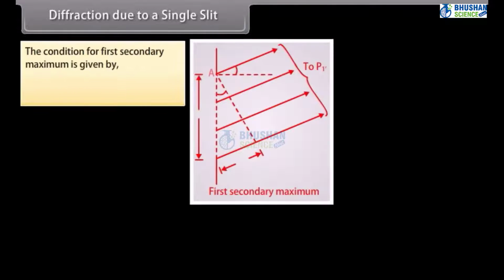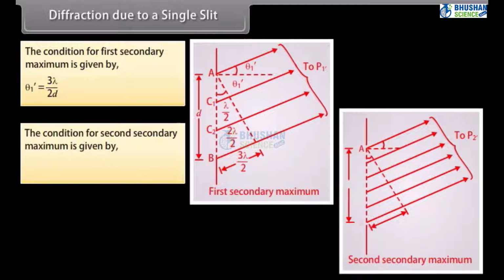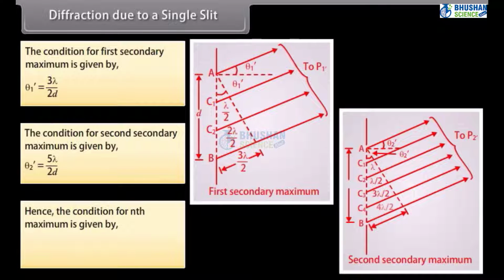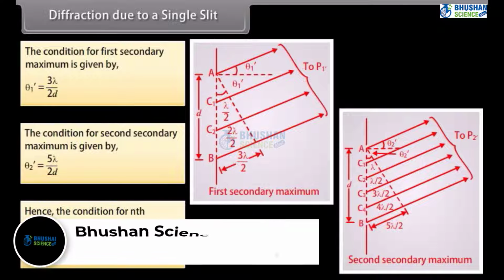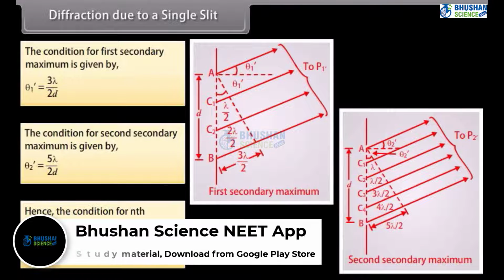The condition for first secondary maximum is given at angle theta equals 3 lambda upon 2d. The condition for second secondary maximum is given at angle theta equals 5 lambda upon 2d. Hence, the condition for nth maximum is given at angle theta equals (2n+1) lambda upon 2d.